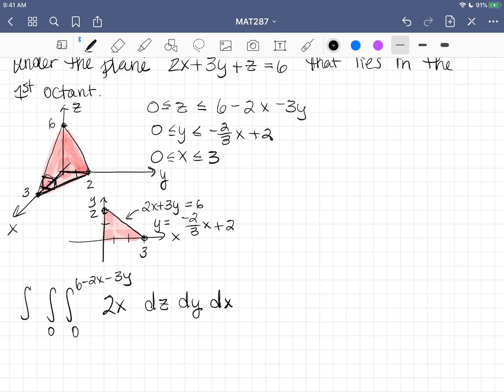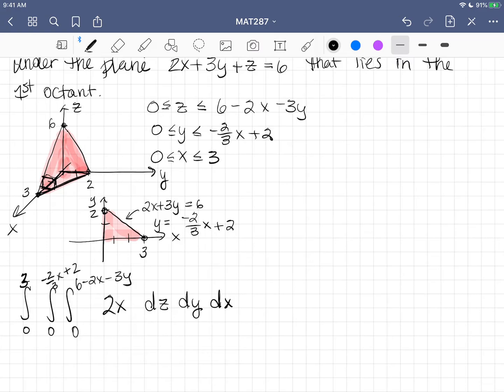Bounds on y were 0 to negative 2/3 x plus 2. And on x, we went from 0 to 3.